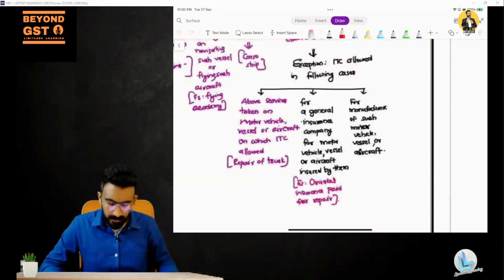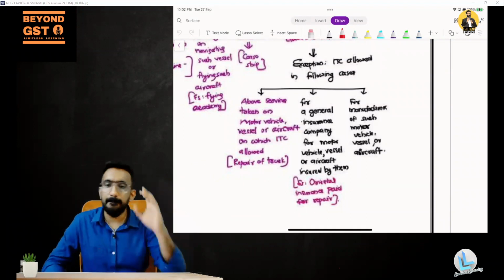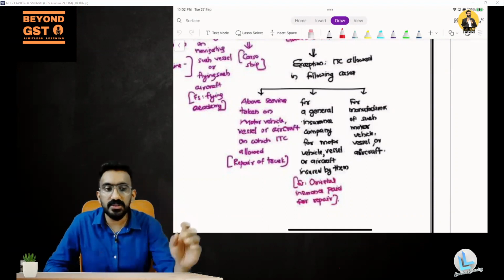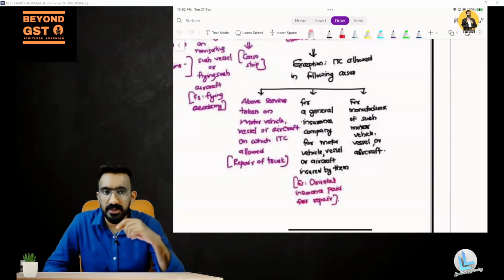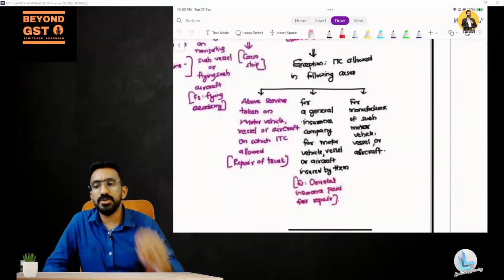First, what are they saying? The above service is taken on motor vehicle, vessel or aircraft on which ITC is allowed. Say, Nokia has taken insurance on the truck they purchased and they have paid GST on that. Can Nokia take the credit? Insurance on the truck.